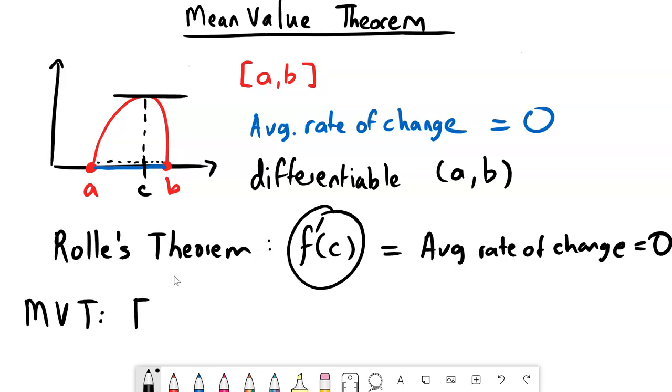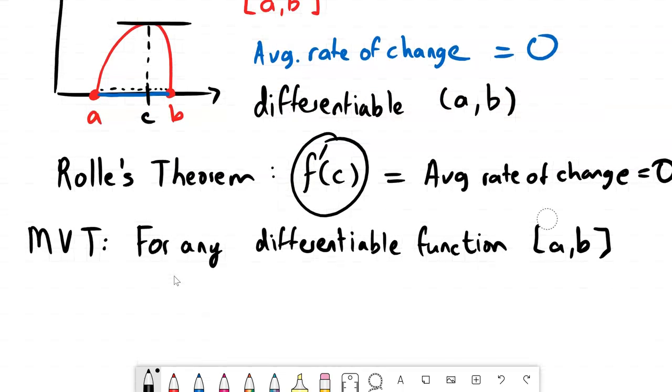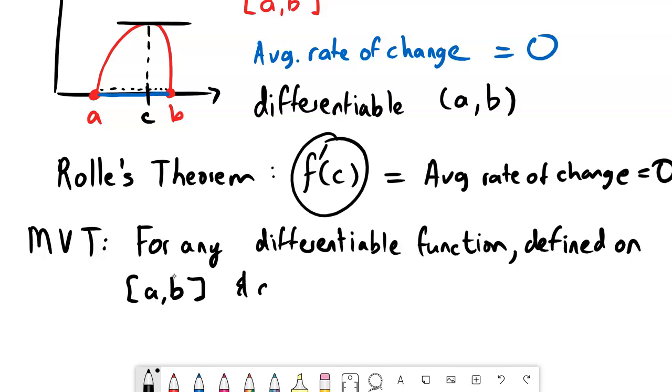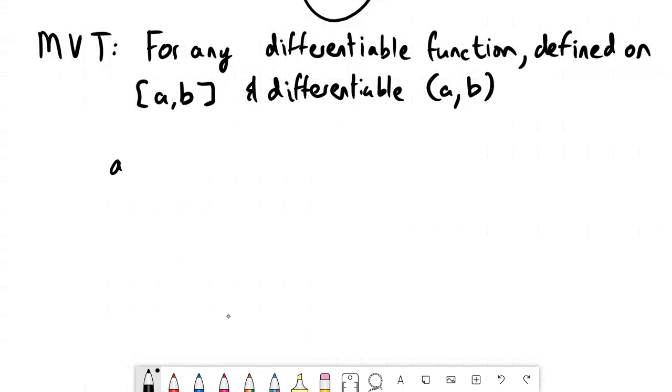It basically says for any differentiable function, defined on the closed interval a to b and differentiable in the open interval a to b, the average rate of change has this property.